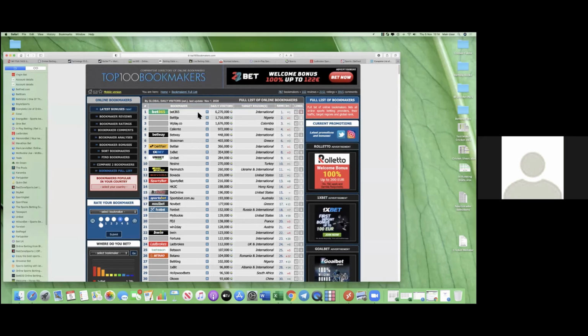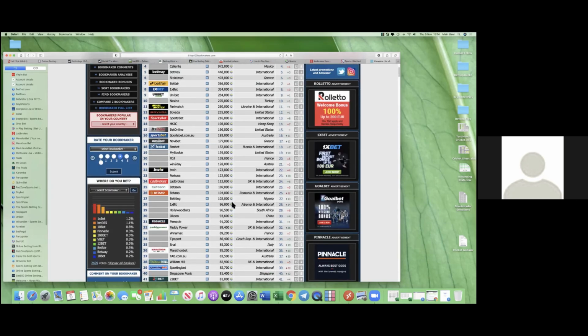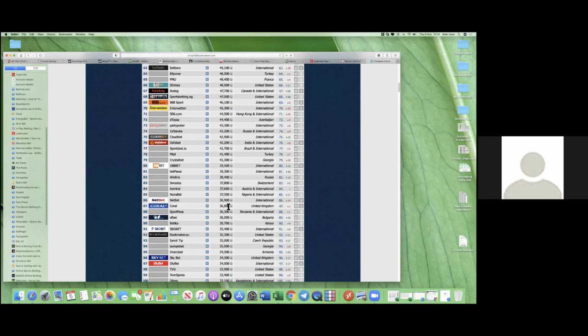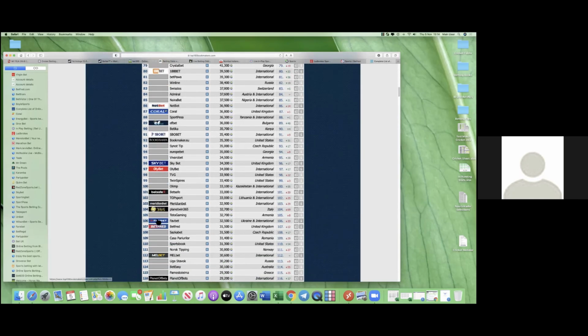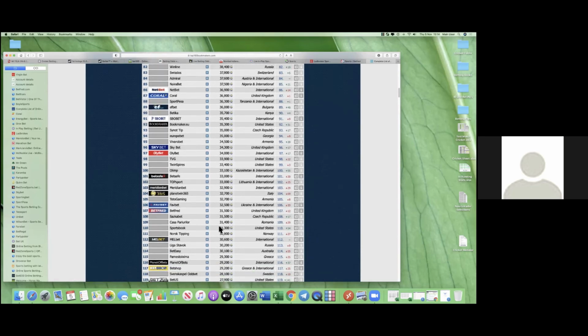Now, obviously, some of these are abroad, so the ones which are international are obviously fine to use. But like anything, I will always look at the website, make sure the money's safe with them and stuff like that. So there's absolutely loads of different sites there, and even down the bottom, like Betfred's 107, but it's UK, so it's fine.